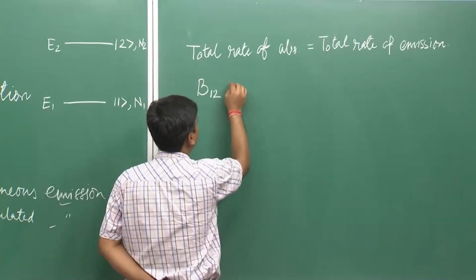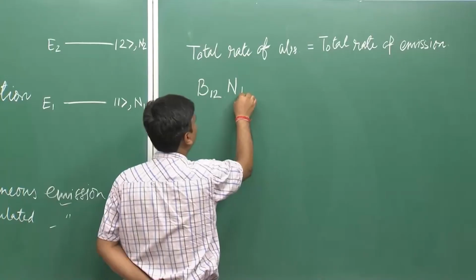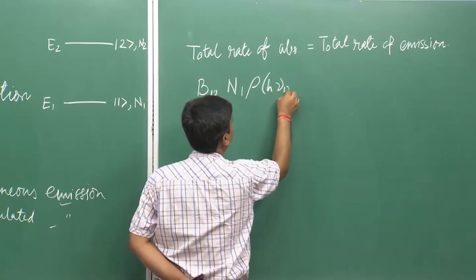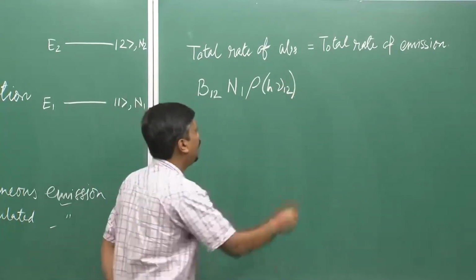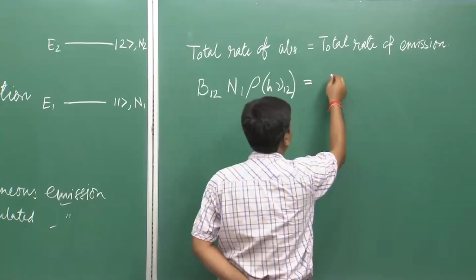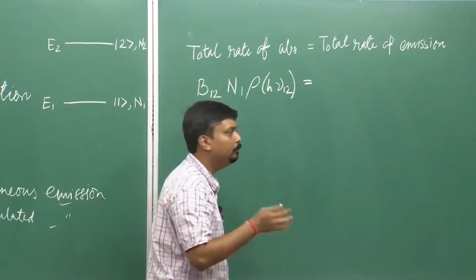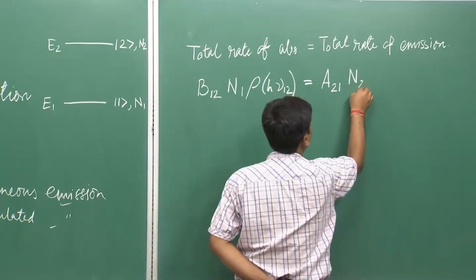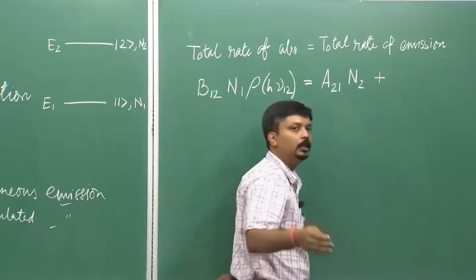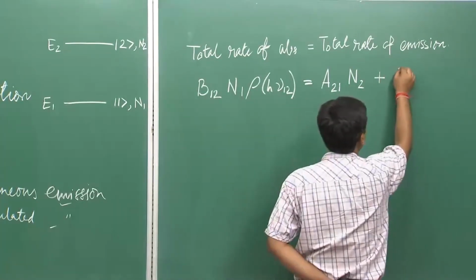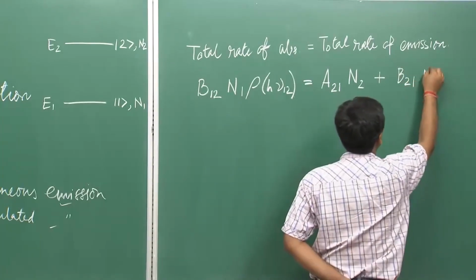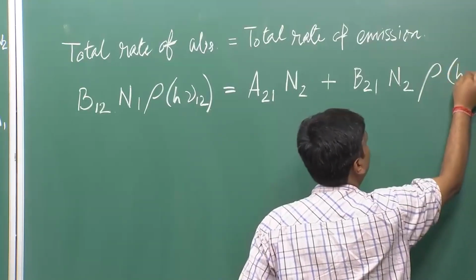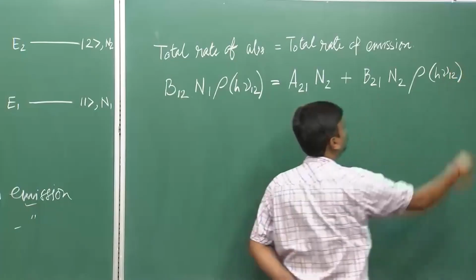So, the absorption was given by B12 multiplied by N1 multiplied by rho h nu 12. That was our formulation, and we equated it to the rate of spontaneous emission given by A21 multiplied by N2 plus the rate of stimulated emission, given by B21 N2 into the photon density at frequency nu 12.